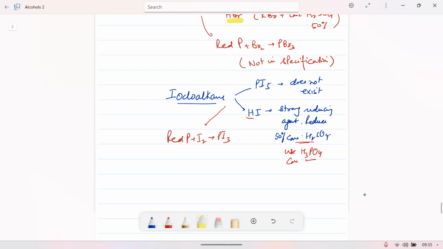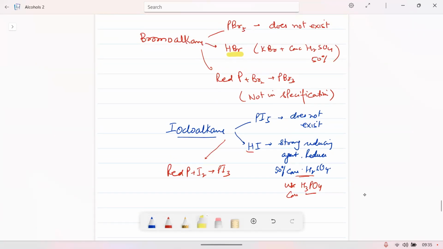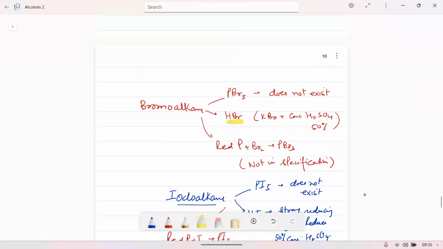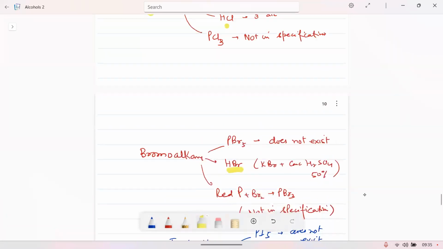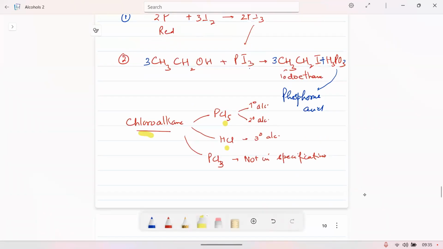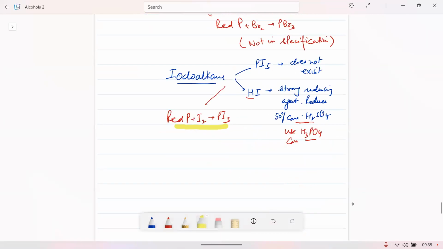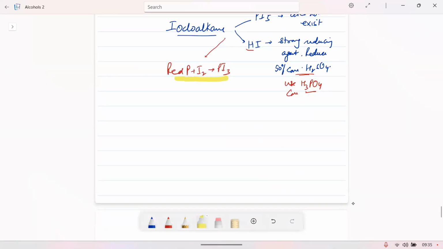So in your specification, you have to study how to make iodoalkane by using this method, bromoalkane by using the HBr method, and chloroalkane by using the PCl5 and the HCl method. The next lesson or the next video, we will talk about oxidation of alcohols. That should be next.